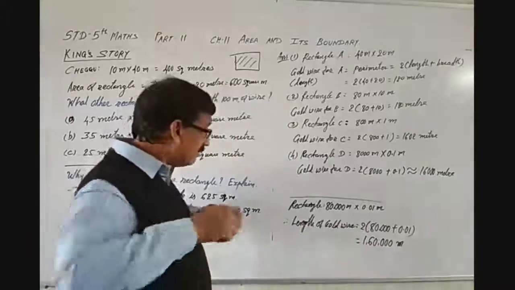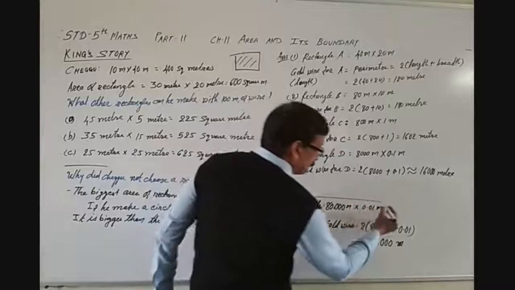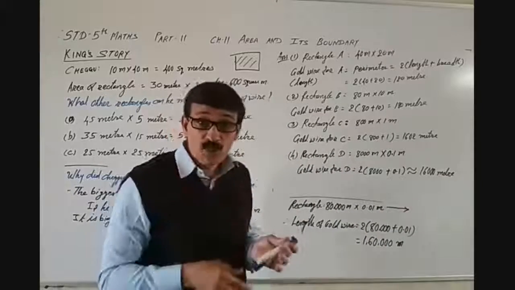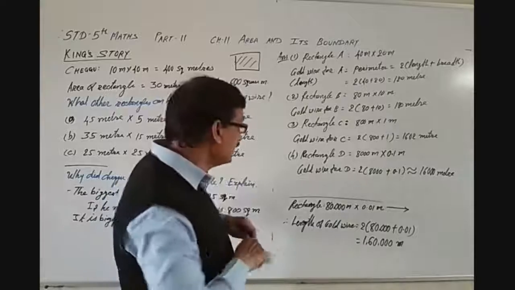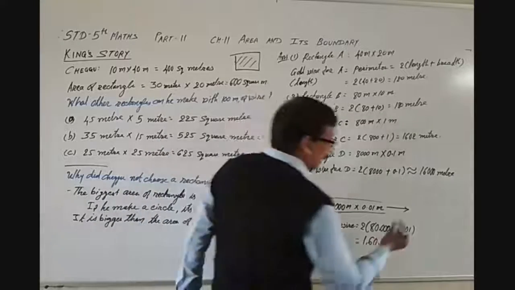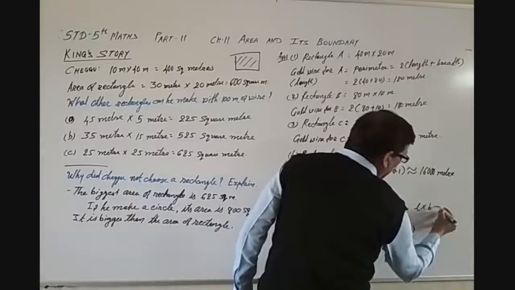Now, let me tell you the area for this rectangle. See, the area is only 800. See, what is the area for this rectangle? The area for this rectangle is length multiplied by breadth, isn't it?